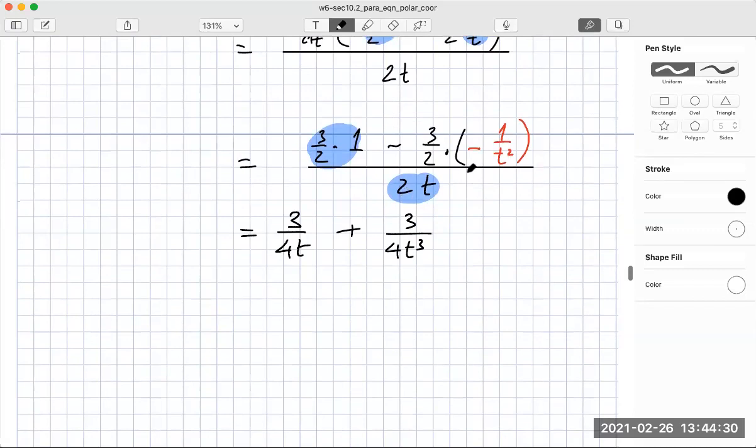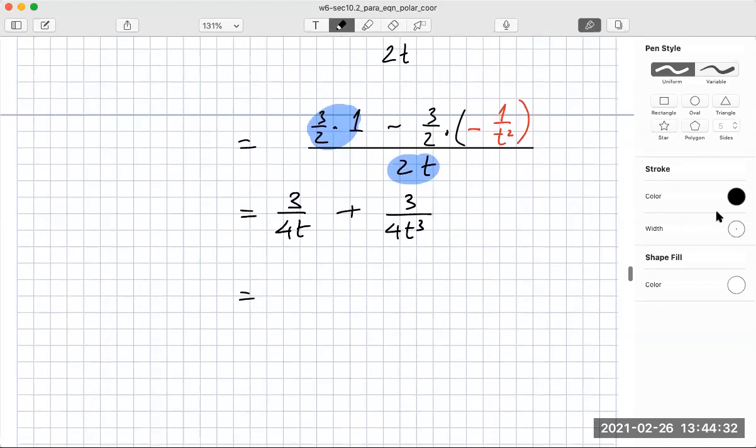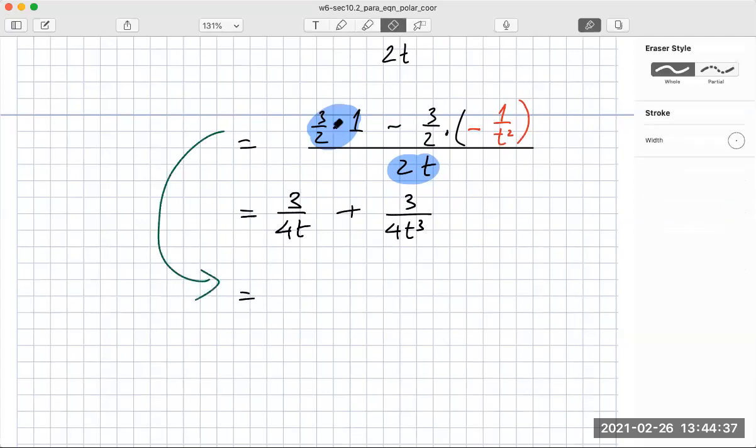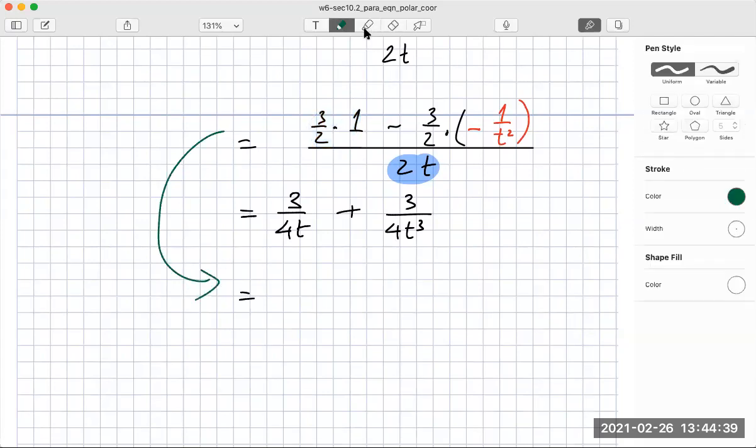This is one way, or you can do it this way. From here to here, in the numerators, 3/2 is the common term, right? Therefore, we can factor it out. Inside it will be 1 plus 1/t squared, divided by 2t.